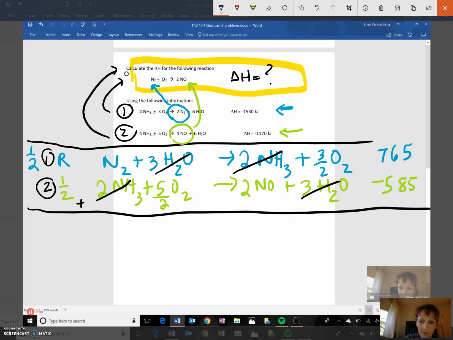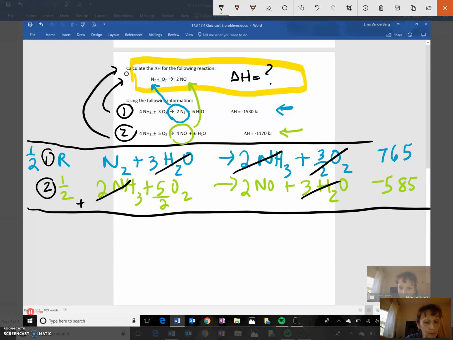Now 5/2 is larger than 3/2. So I'm going to subtract the smaller amount, 3/2, from the 5/2. What is 5/2 minus 3/2?